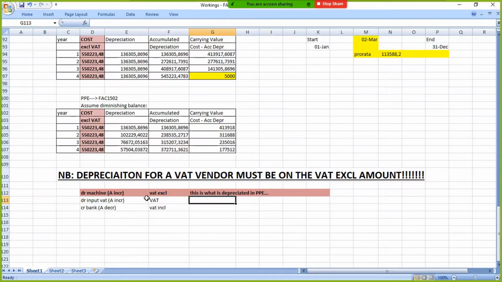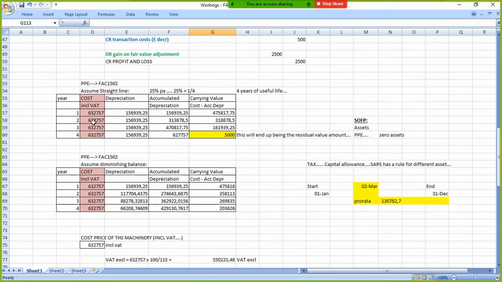Okay, if you don't have a VAT vendor, and if you assume that those amounts were exclusive, so obviously in this scenario, asterisk here, we had, I'm actually going to delete those amounts and put a note here.